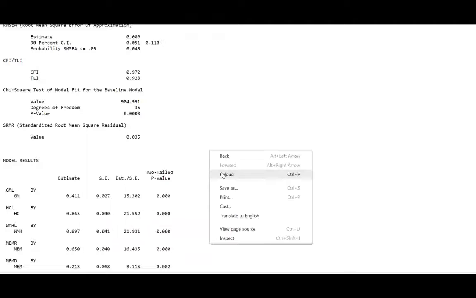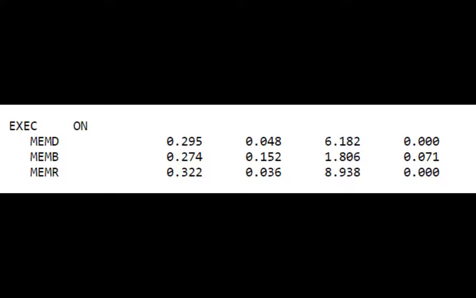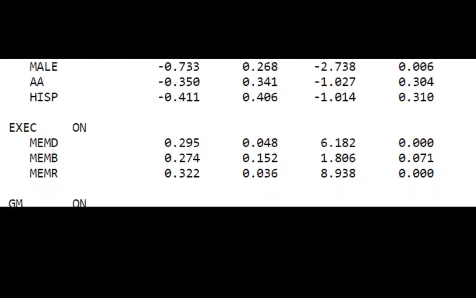But it works relatively well. So exec is related pretty strongly to MEM-D and MEM-R, and it's not so strongly related to MEM-B. It's not statistically significant.